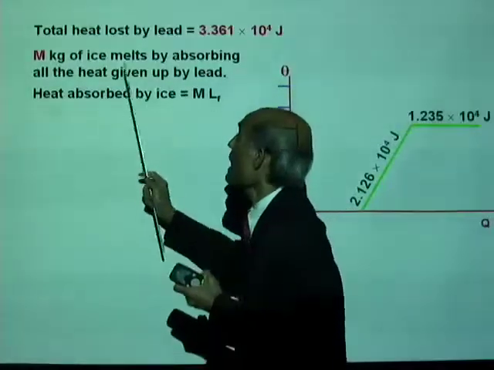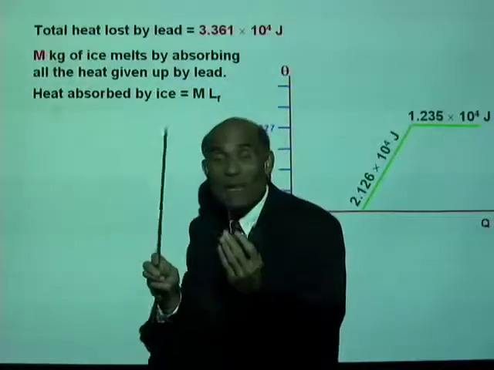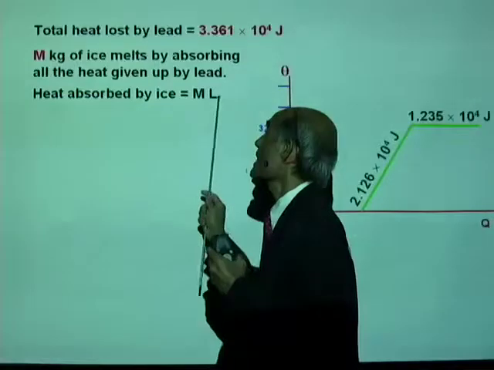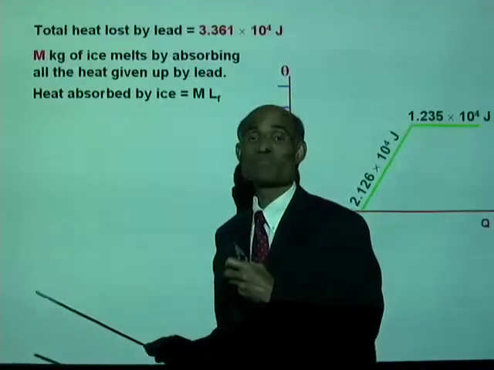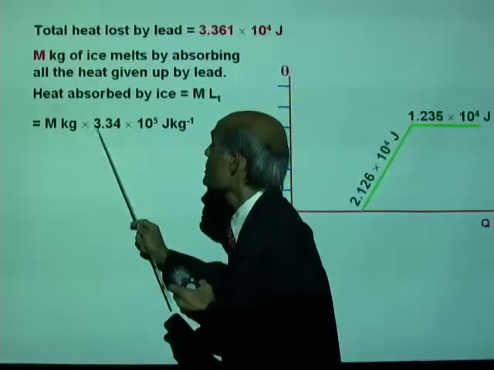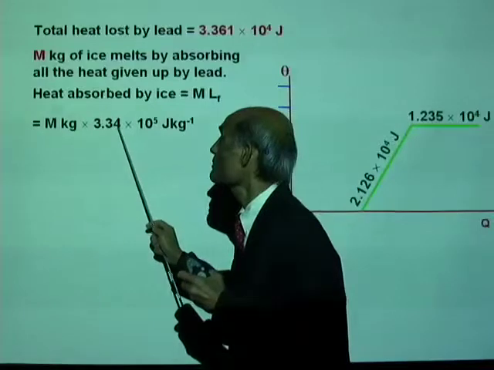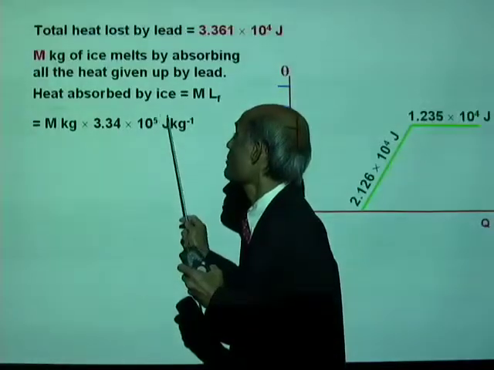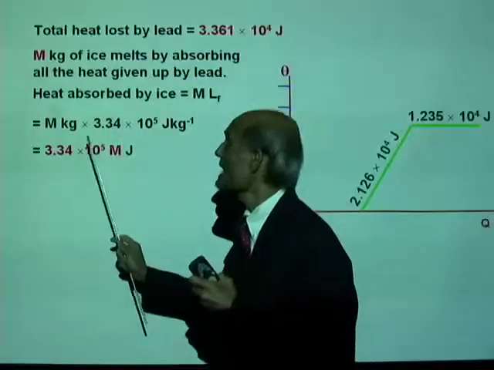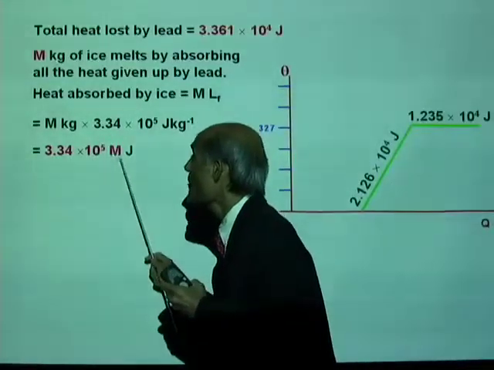Heat absorbed by m kilogram of ice to melt without changing its temperature is mass times latent heat of fusion. And that will be m kilogram times latent heat of fusion of ice, 3.34 times 10 to the power 5 joules per kilogram. And we will write it as 3.34 times 10 to the power 5 m.